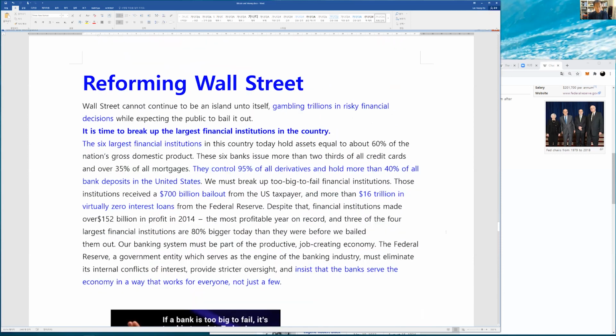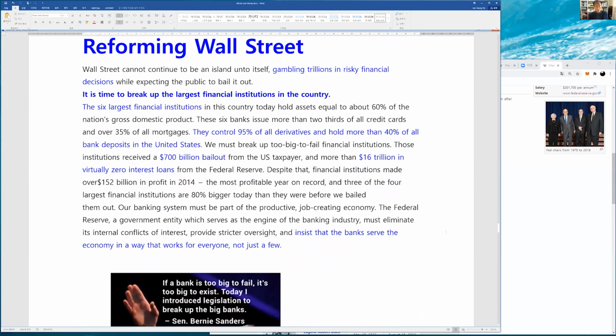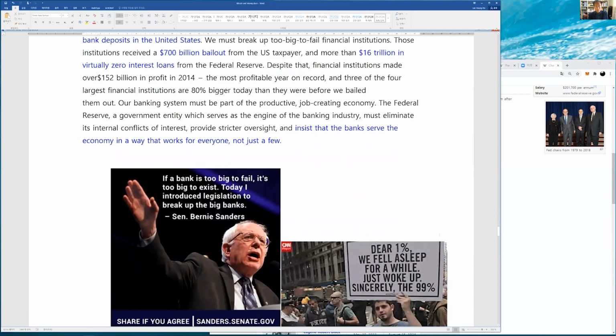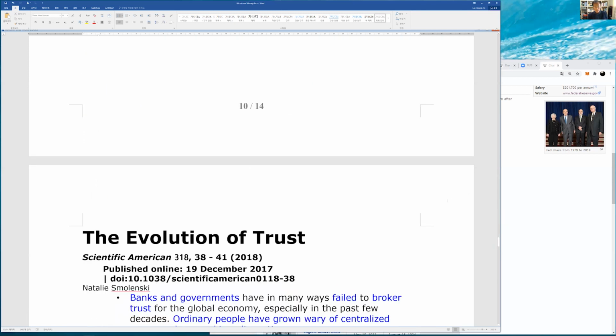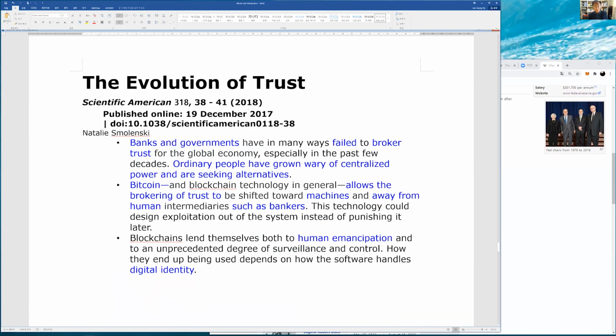And then because of awareness of these things happening, there are people who advocate that reform needs to be done. And one of them is Bernie Sanders. And in terms of Bitcoin, basically, Bitcoin allows the brokering of trust to machines and away from human intermediaries such as bankers.